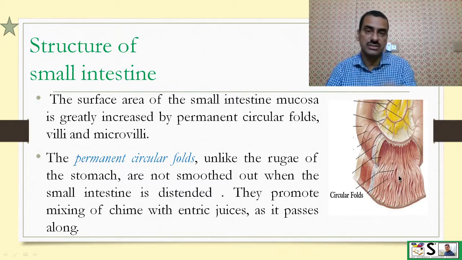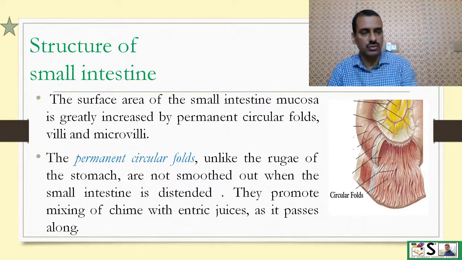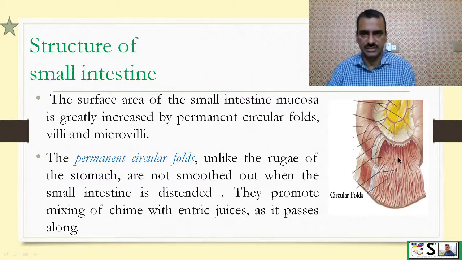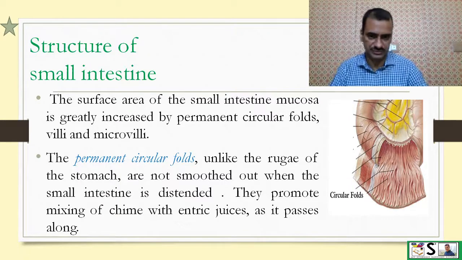Unlike the stomach, which are smoothed out when the stomach is full, they are not smoothed out, they remain as such. They promote mixing of chyme with the enteric juices as it passes along. When the chyme moves in the small intestine, these folds allow mixing of the chyme with intestinal juices.